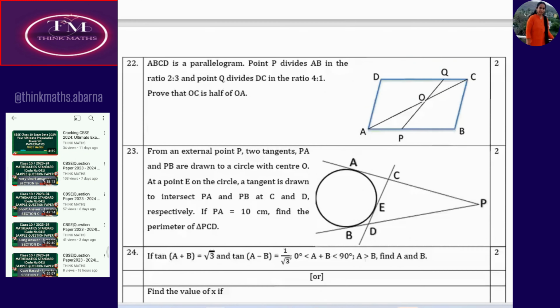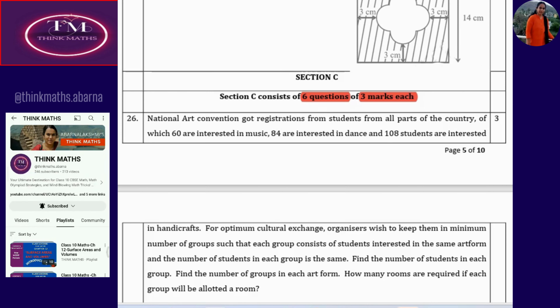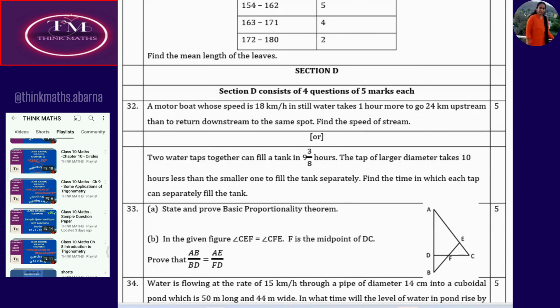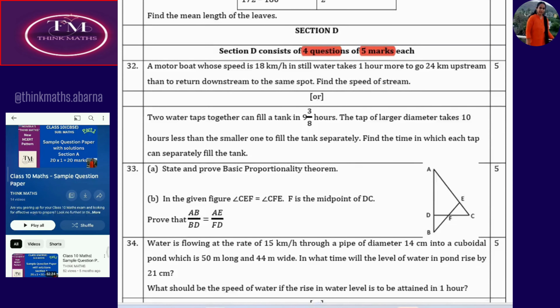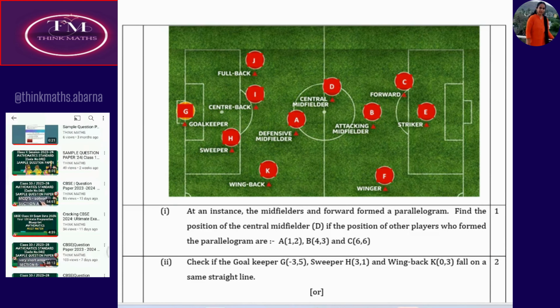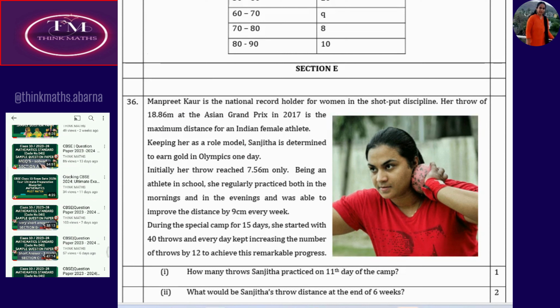Just check out. And section C carries 6 questions of 3 marks each. And section D carries 4 questions of 5 marks. And in section E, you have 3 questions.